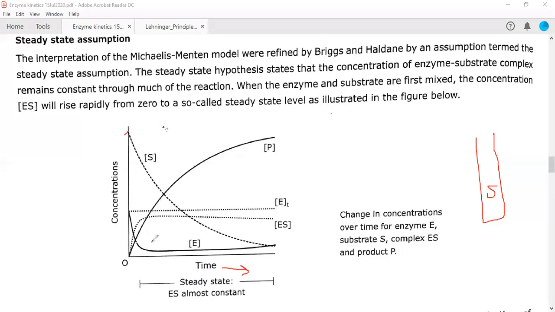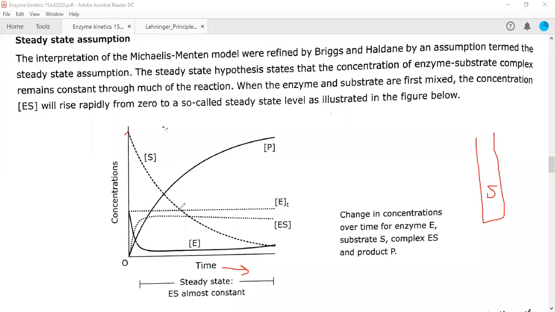The second thing, let us closely look at this. These two are also crossing each other. This black solid line is showing the concentration of free enzyme.